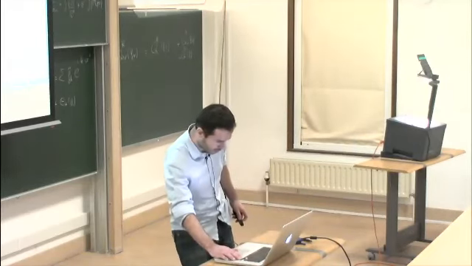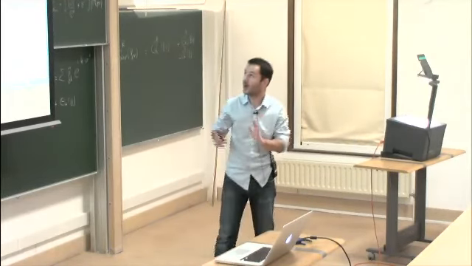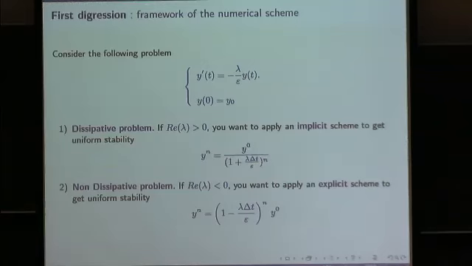In order to understand how to design a scheme, I would like to make a first, very simple digression concerning a problem of ODEs. I think everybody knows this, but if you consider a linear ODE with a given lambda, and a dissipative problem, I mean the real part of lambda is strictly positive, then you want to use an implicit scheme in order to get uniformly stable schemes.